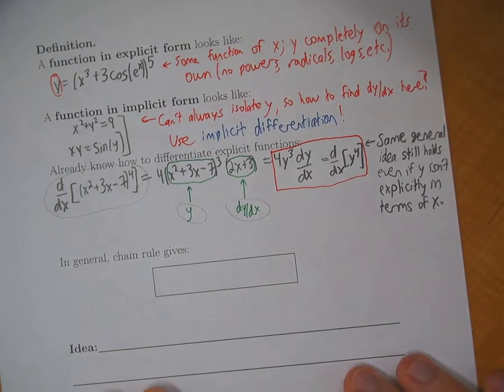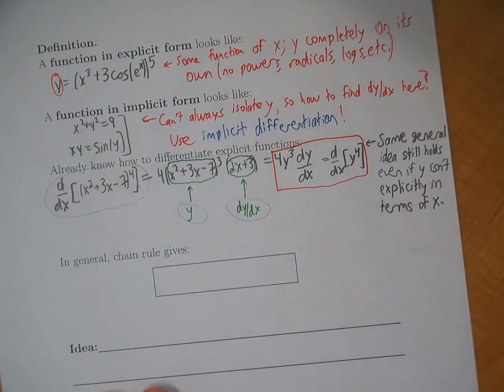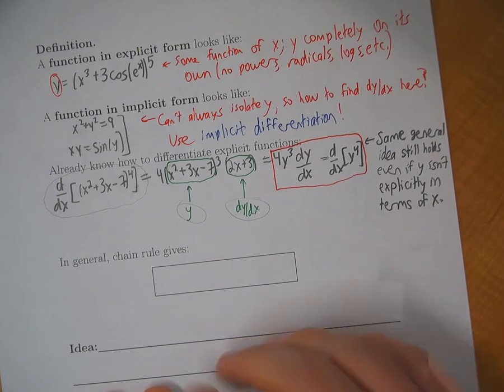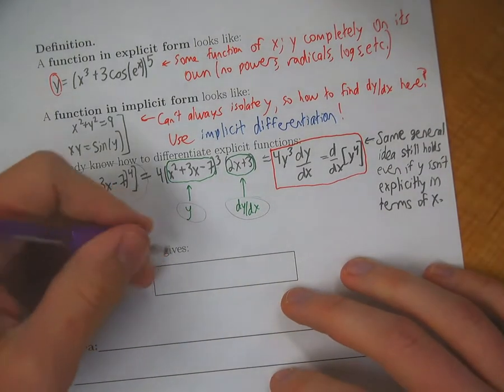So to generalize this to just any function in general, here's what this says. In general, chain rule gives the following.